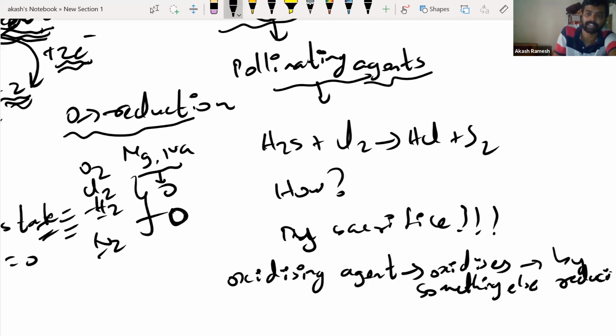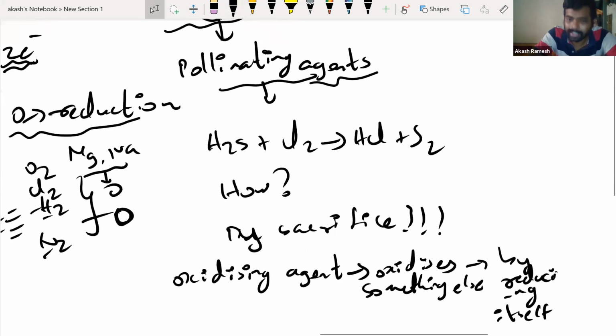That is the sacrifice here. So an oxidizing agent oxidizes something else; something will undergo oxidation, and it is done by this oxidizing agent. How does it make sure the other one undergoes oxidation? By making sure that the oxidizing agent itself undergoes reduction. Very simple. That is what you mean by the term sacrifice. So an oxidizing agent oxidizes something else by itself undergoing reduction.